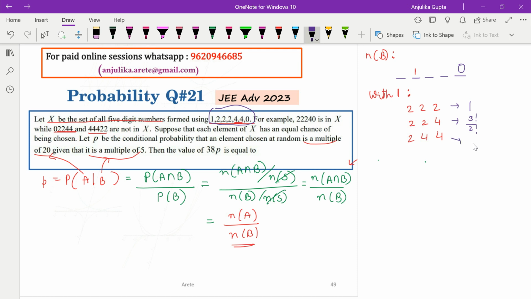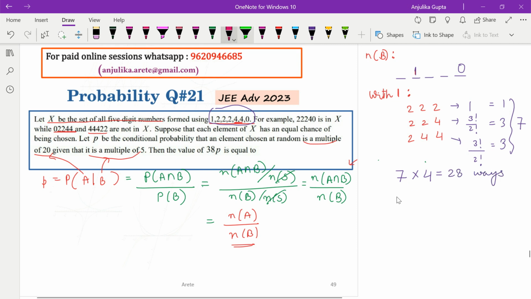And the third, same, 3 factorial divided by 2 factorial because you have 2 fours. So this is 1, this is 3, and this is 3. Total 7. So 3 positions can be filled in 7 ways. And depending upon which position my 1 takes, because it can take any of the 4 positions, I multiply by 4 and end up with 28 ways.